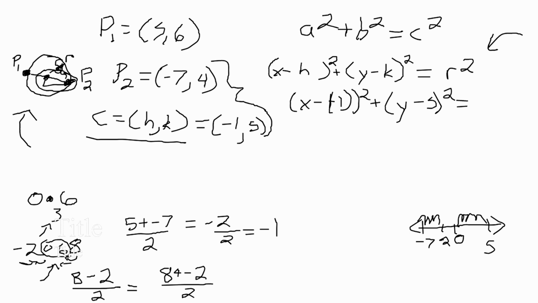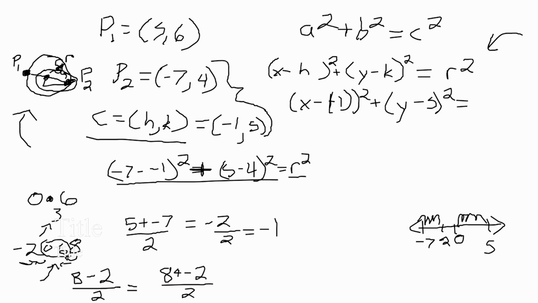That would be -7 minus -1, squared, for a squared, and then plus b squared, which would be the difference between the y values. That'd be 5 minus 4, squared, equals c squared, where c squared is my radius squared, isn't it? Yeah. So here you have a number that equals r squared, and if you plug it in right there, you're done.